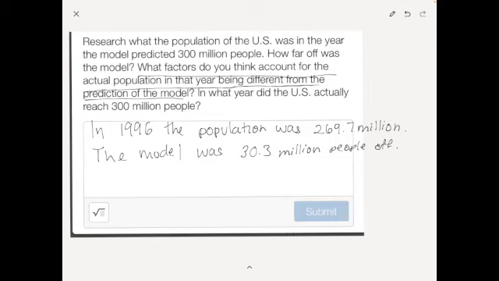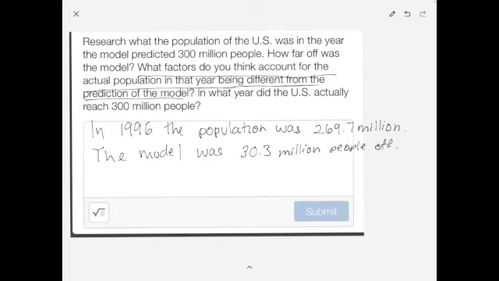The answer is, there are so many different things that can affect a population size. There's immigration, right? That's people who come into the country and live in the country. If for a few years there's a bunch of immigration in, or a bunch of, I think the word is emigration out, that can affect the population size. The amount of births compared to the amount of deaths can also affect the population size.